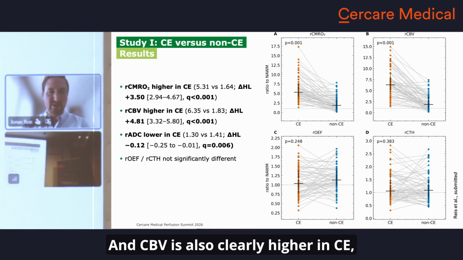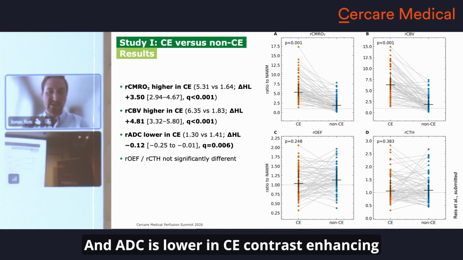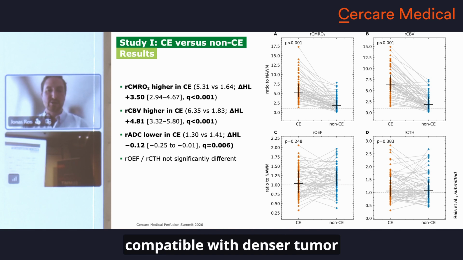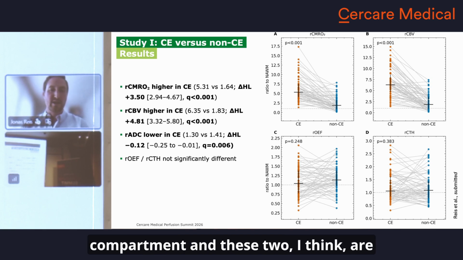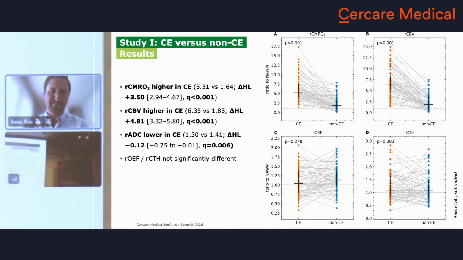And CBV is also clearly higher in CE, again highly significant, and ADC is lower in contrast-enhancing tissue, which is compatible with a denser tumor compartment. And these two, I think, are kind of a positive control and nothing new.